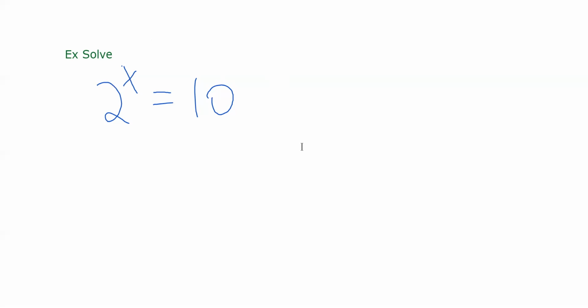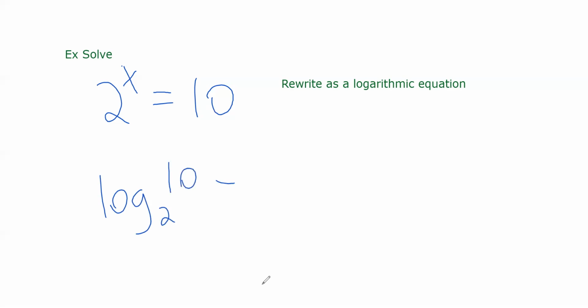Another strategy I didn't express that I probably should have is that you can rewrite as a logarithmic equation. 2 to what power gives me 10? Oh, that sounds like I'm just asking log base 2 of 10 equals x.